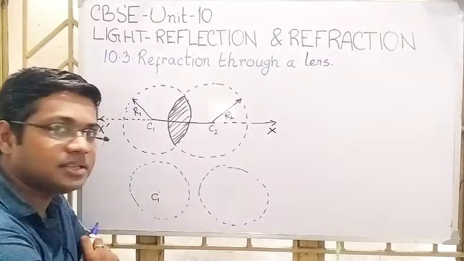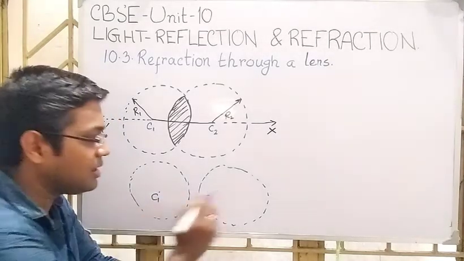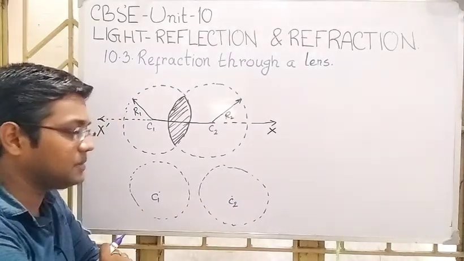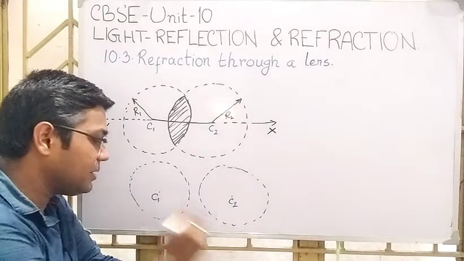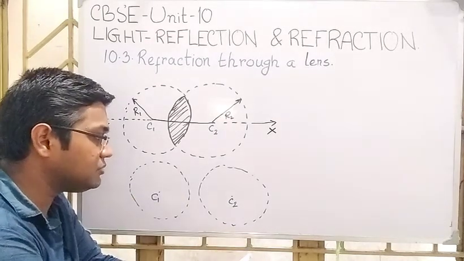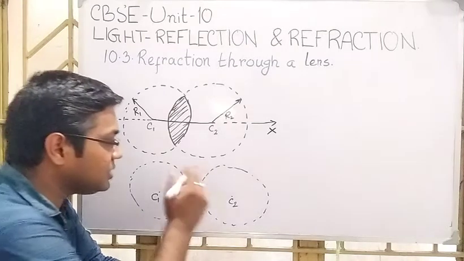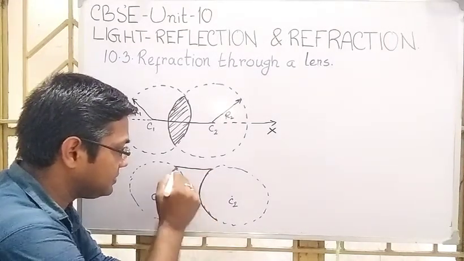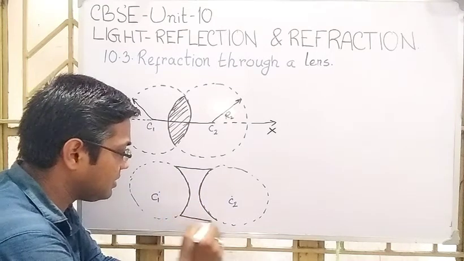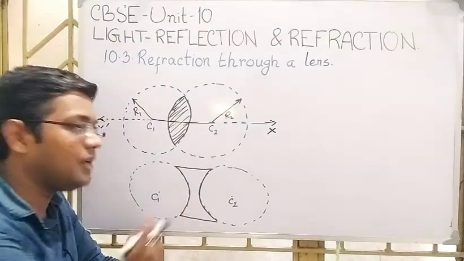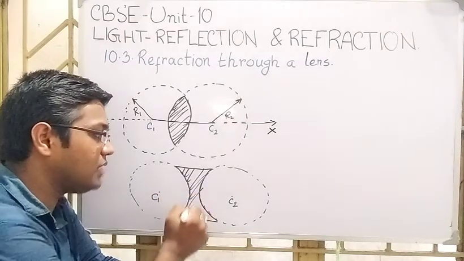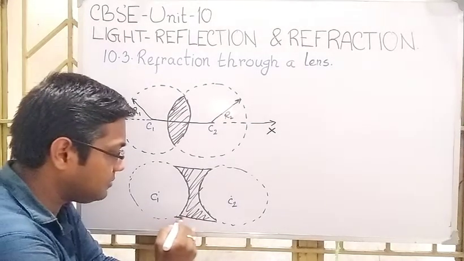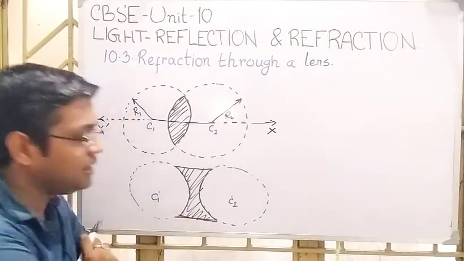C1 is the center of curvature of the left sphere and C2 is the center of curvature of the right sphere. Here, in between these two spheres, we can construct an optical medium like this, and this optical device is known as a lens.